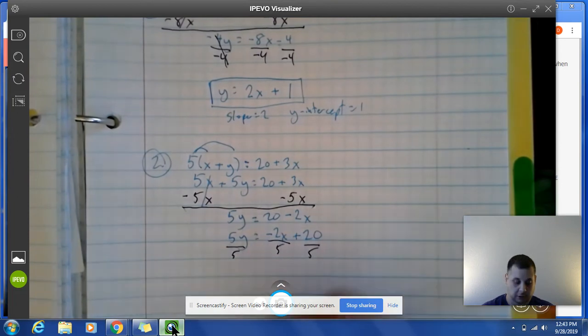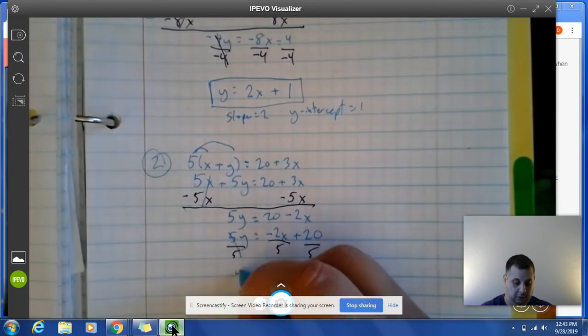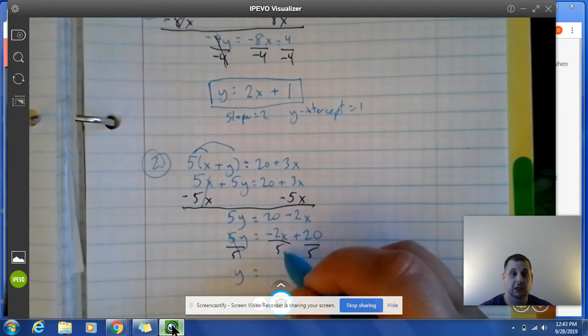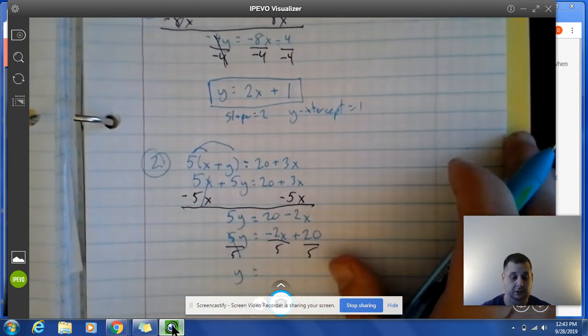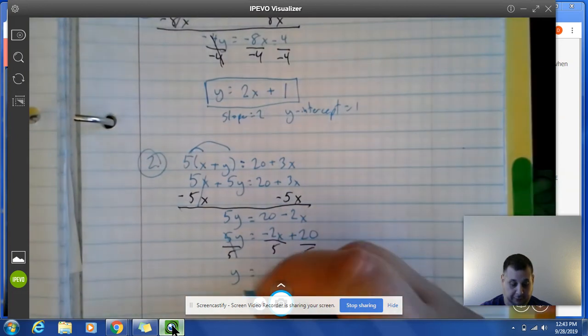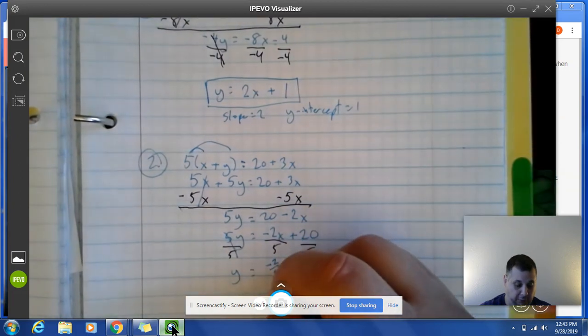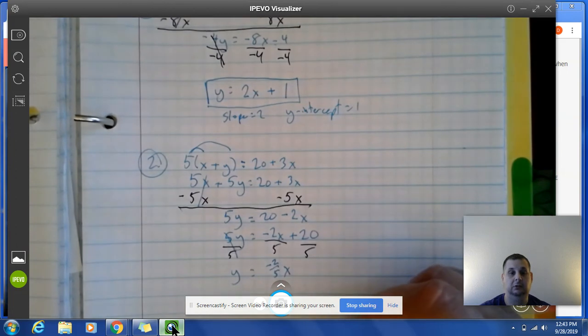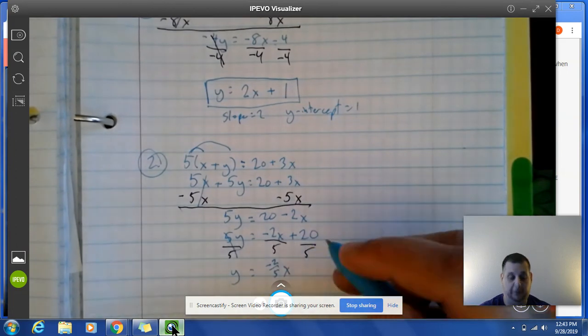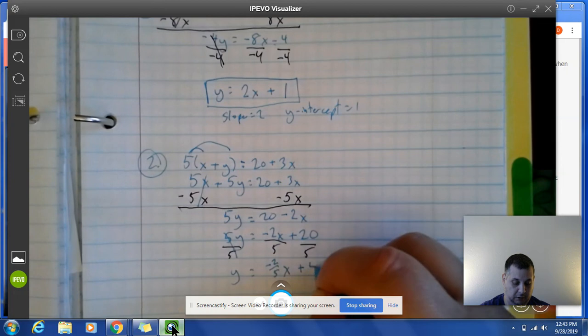And so y equals, so negative 2 over 5, we can just leave that as a fraction. So that's negative 2/5 x, and then 20 divided by 5 is 4.